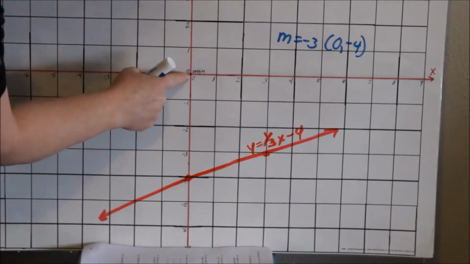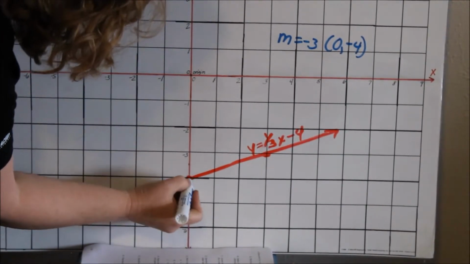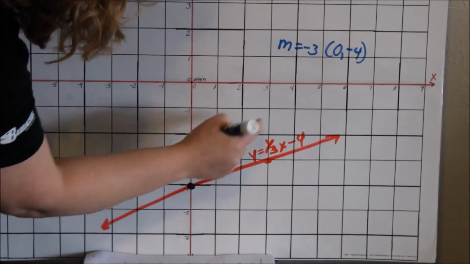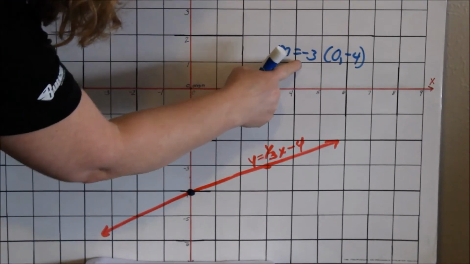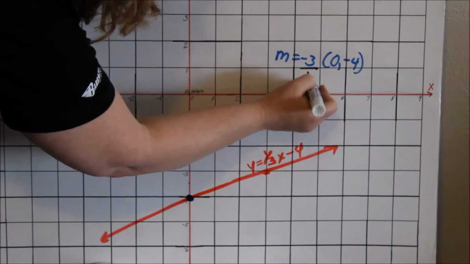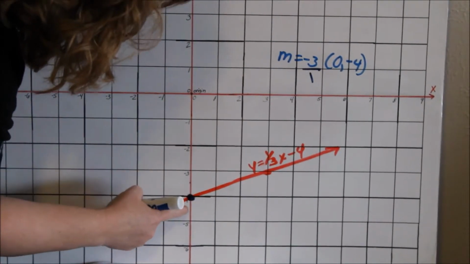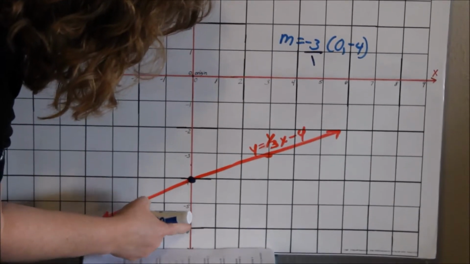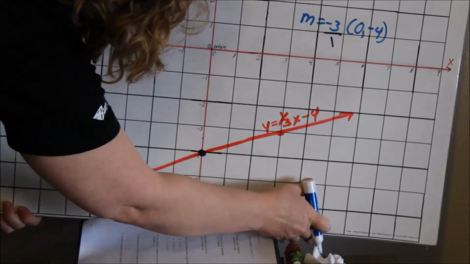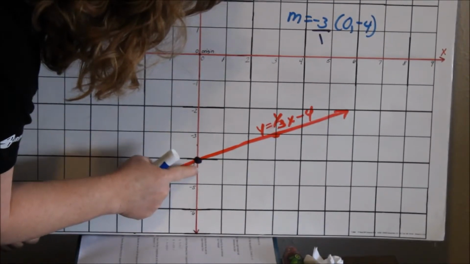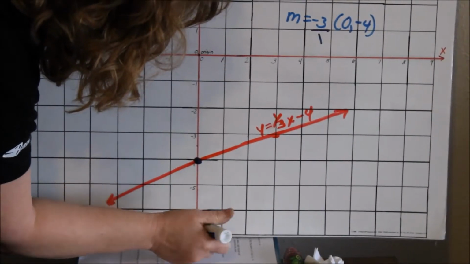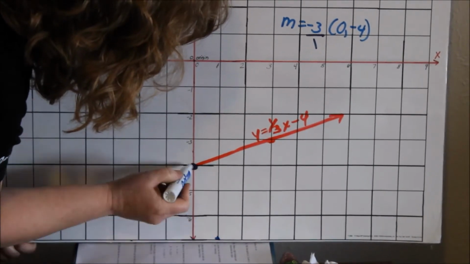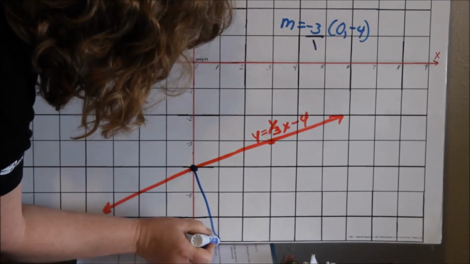We didn't go anywhere in the x direction, so we go down 4. Here's that point. From that point right there, we count our slope of -3/1. So we go down 3, 1, 2, 3, and then over to the right 1. And there's a point right there, connecting those lines.